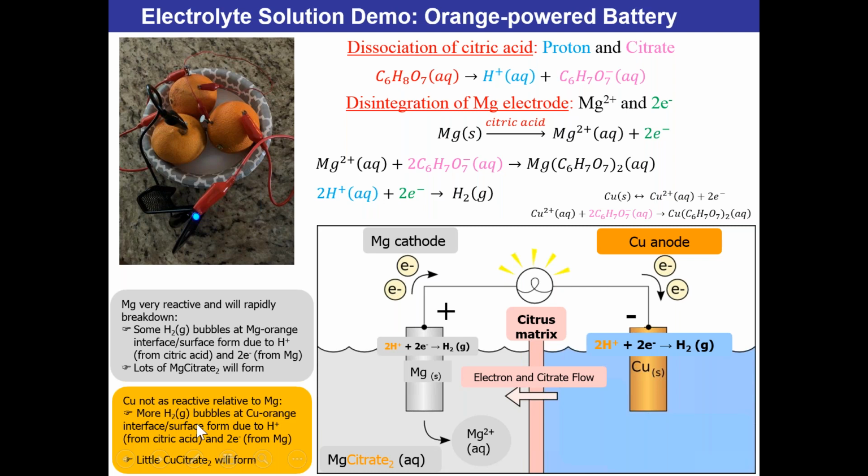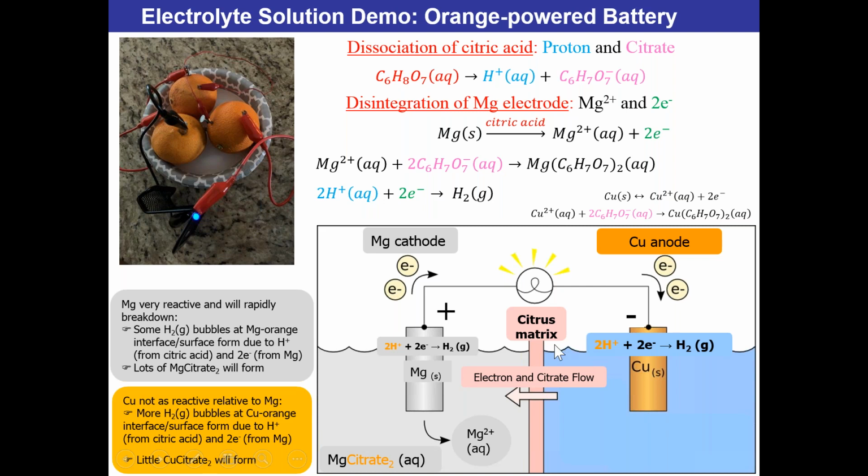In contrast, copper isn't very reactive, and more of those hydrogen gas bubbles at the copper interface with the citrus fruit, just due again to the presence of the proton from the citrate and the available electrons that travel from the magnesium through the LED and are terminating there within the copper. So very little copper citrate will form because it's not as reactive.